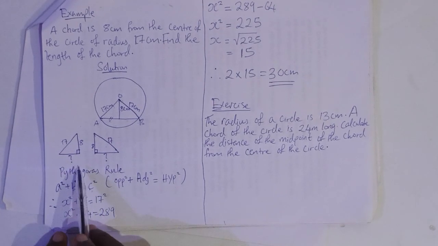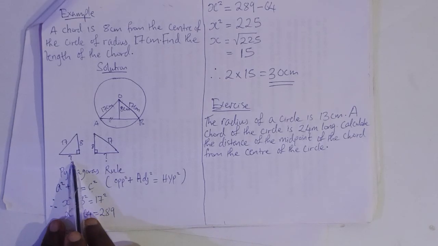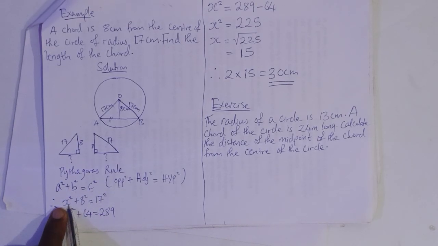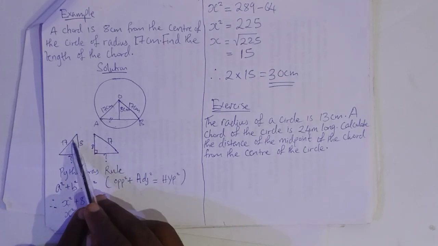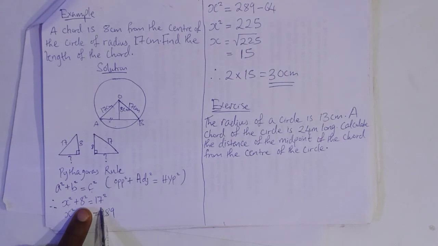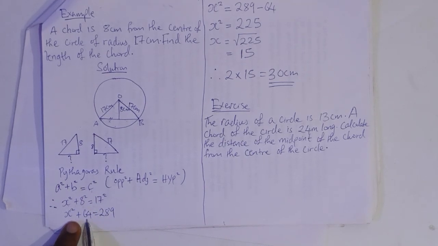So let's now fix it. Let this unknown here be x. That is x squared plus the opposite, which is 8 squared, equals the hypotenuse, which is 17 squared. Very simple. What is 8 squared? 8 squared is 64. 17 squared is 289.